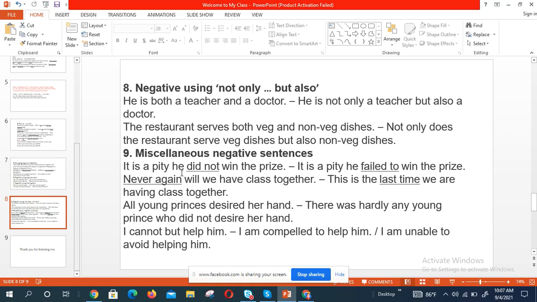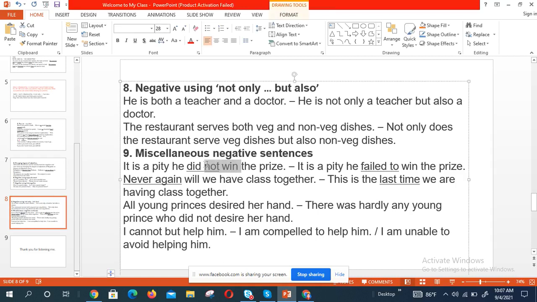Now, some miscellaneous negative sentences. It is a pity he did not win the prize. Did not win. You have to make it affirmative. You can use: he failed.